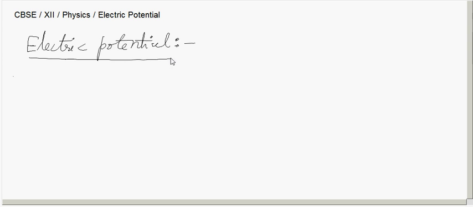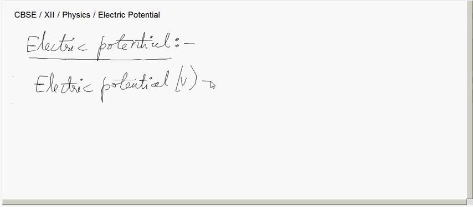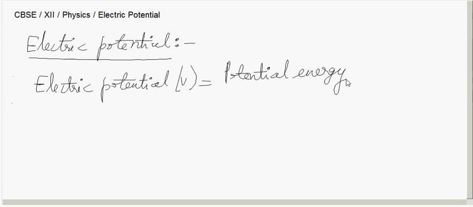Electric potential is defined as potential energy per unit charge. Electric potential, and it is denoted by V, is given by potential energy per unit charge.